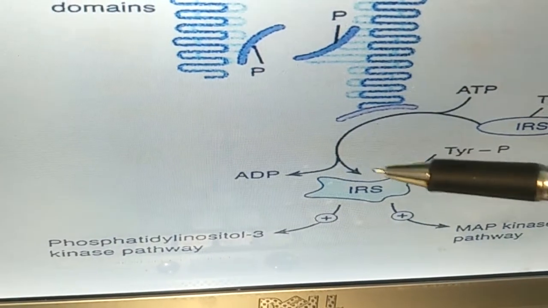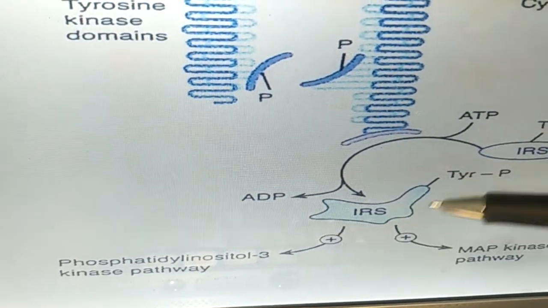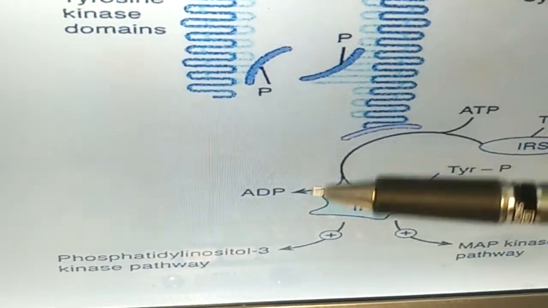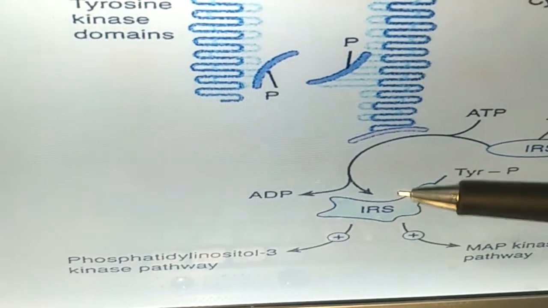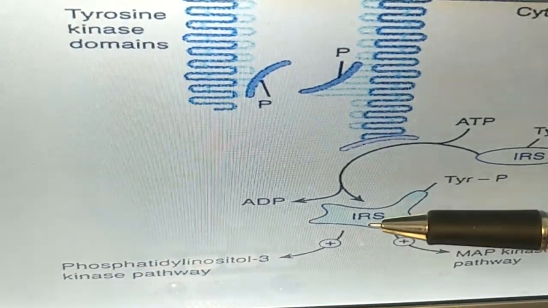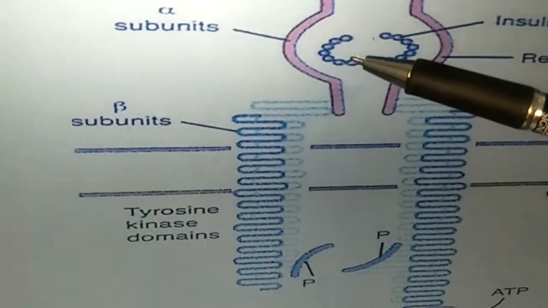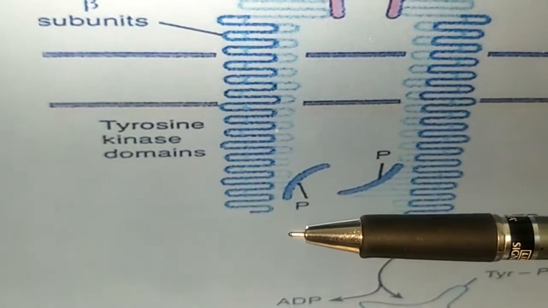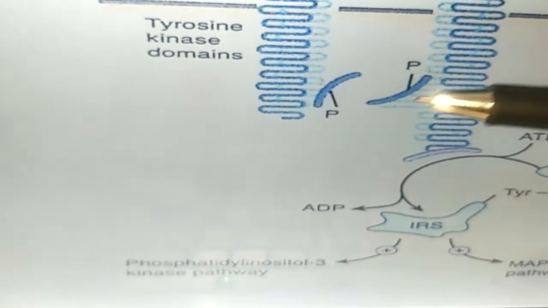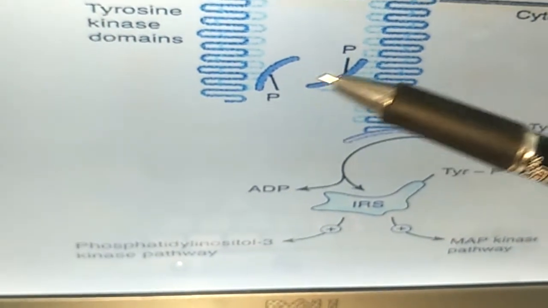Plus, phosphorylation of this IRS over time causes activation of DNA synthesis, and there occurs proliferation and differentiation of various cell types. I repeat, insulin binding to alpha subunit, changes in the beta subunits, conformational changes, phosphorylation of these tyrosine residues, autophosphorylation.